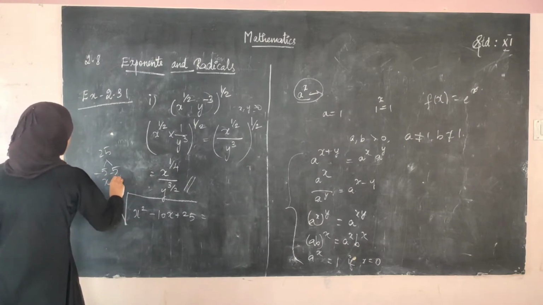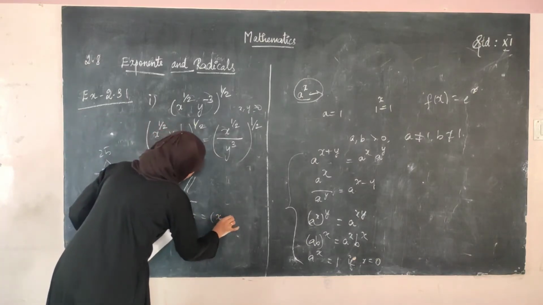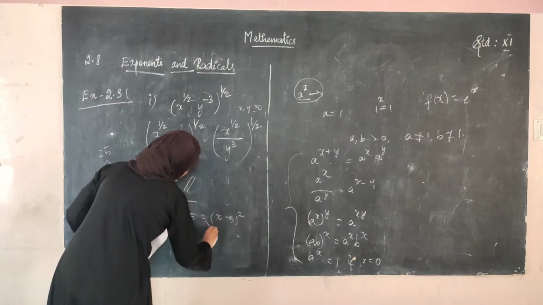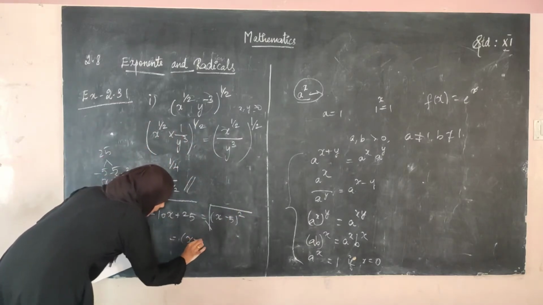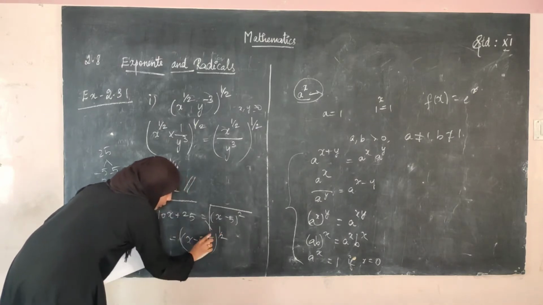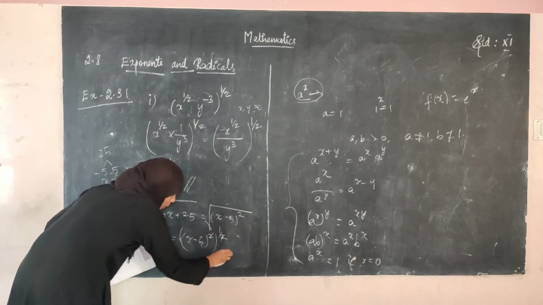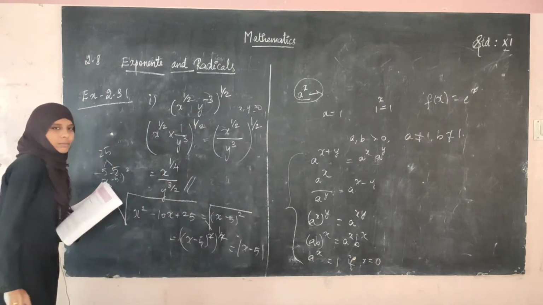Therefore, x minus 5 the whole square. Square root can be written as x minus 5 the whole square, the whole power 1 divided by 2. So 2 into 1 divided by 2 becomes 1. So the answer is modulus of x minus 5.